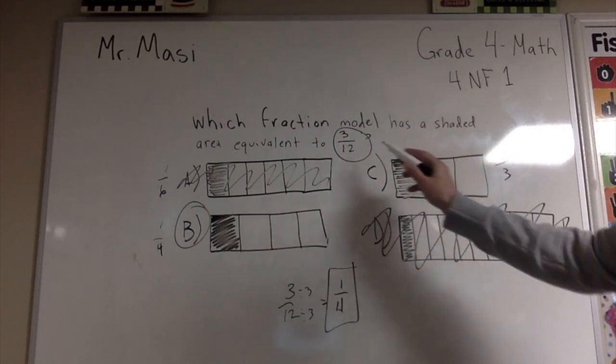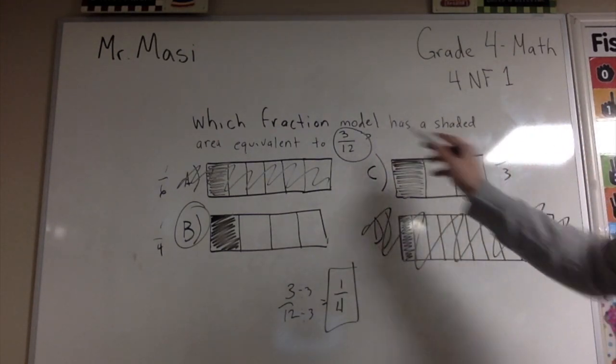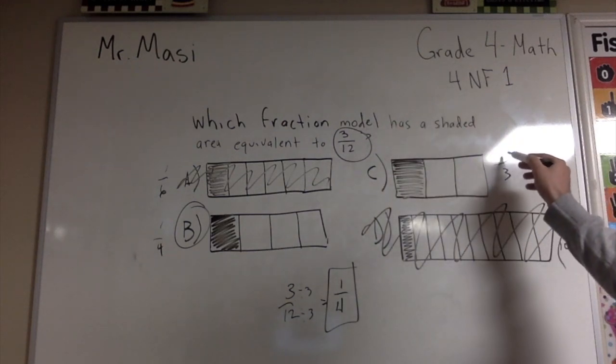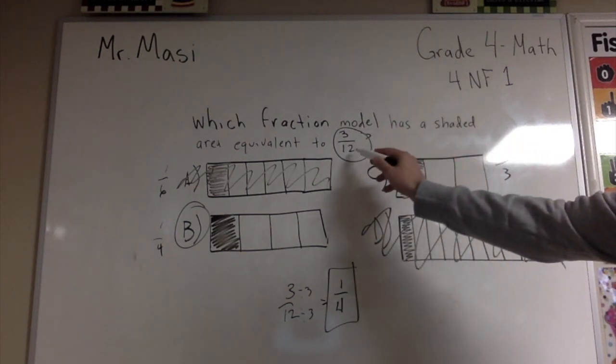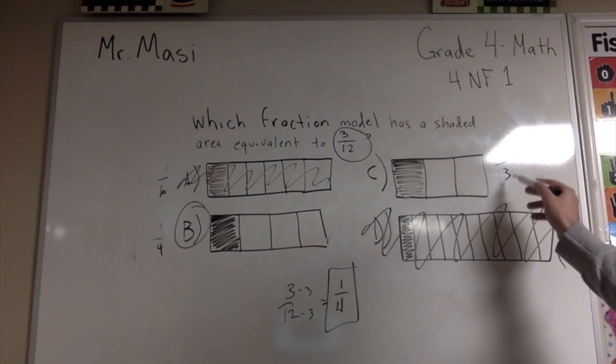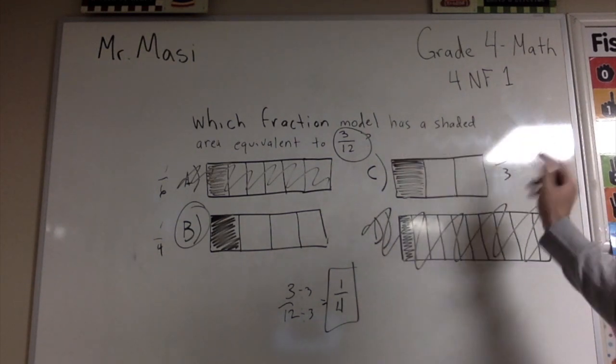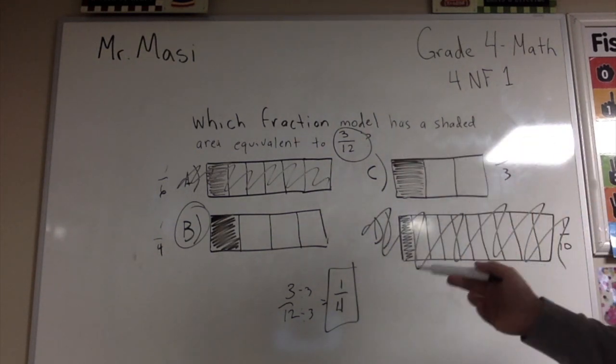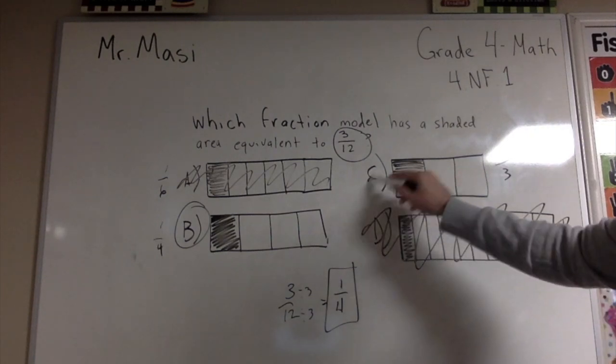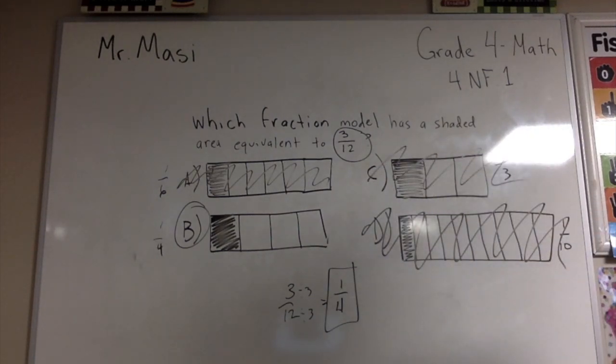So if I divide 3 by 3, then I would get 1. But if I divide 12 by 3, I don't get 3. 12 divided by 4 is 3. But 12 divided by 3 is 4. So I know I'd be able to eliminate all of my other answers other than B.